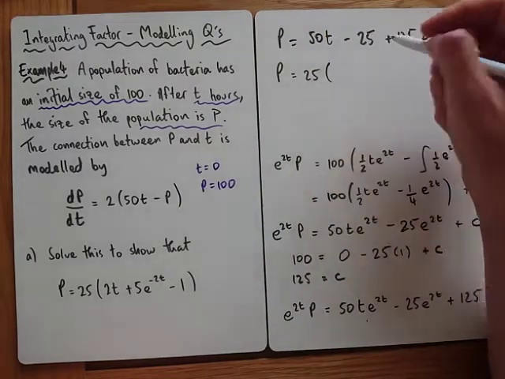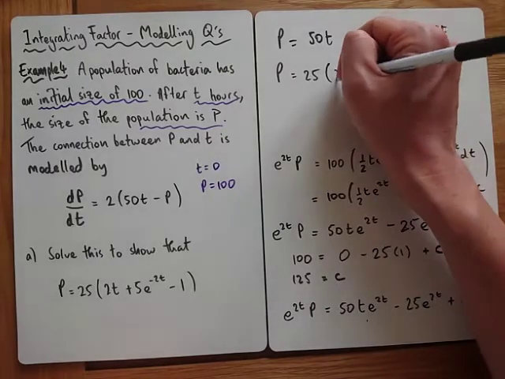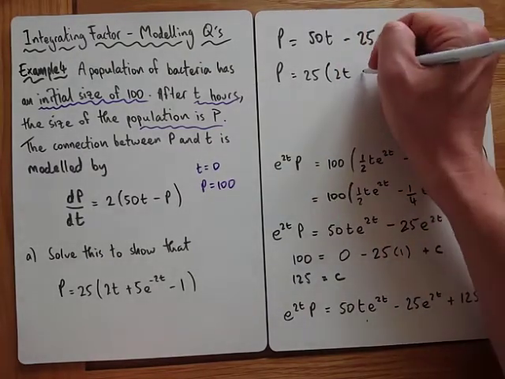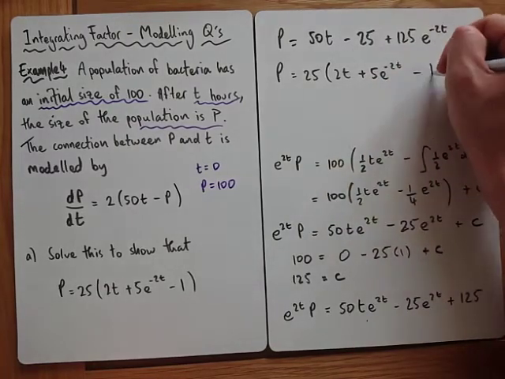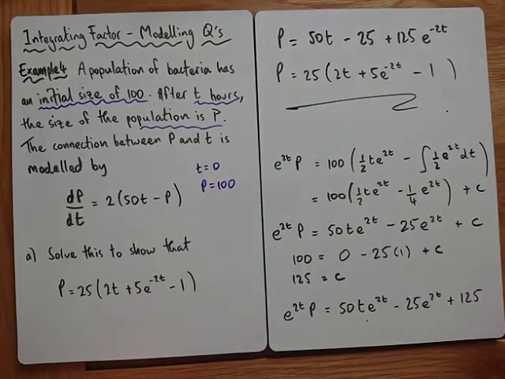Write it in the same order, I suppose, just to make sure, but it would be fine, so that'll be 2t plus 5 e to the minus 2t minus 1. Good stuff.